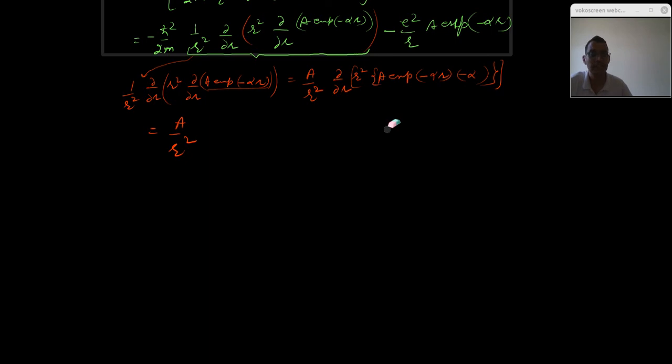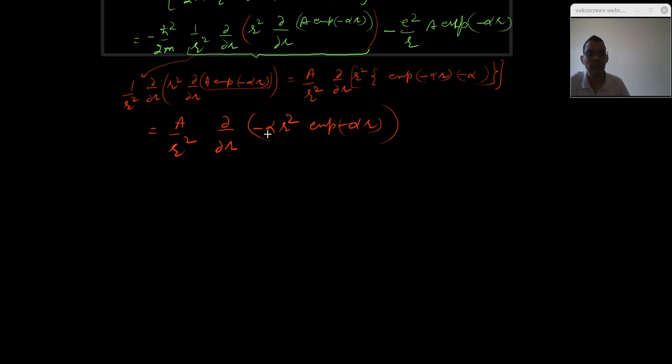Let me correct it. So it is A upon r square ∂/∂r of minus alpha r square exponential minus alpha r.